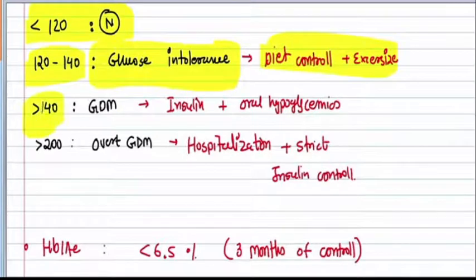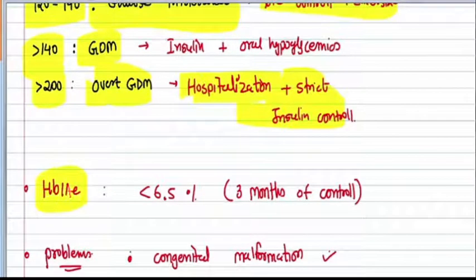If it is more than 140 mg per dl, then gestational diabetes mellitus is diagnosed and it can be managed with insulin and oral hypoglycemics. If it is more than 200, then overt GDM is diagnosed, in which you need hospitalization and strict insulin-controlled sugar control.